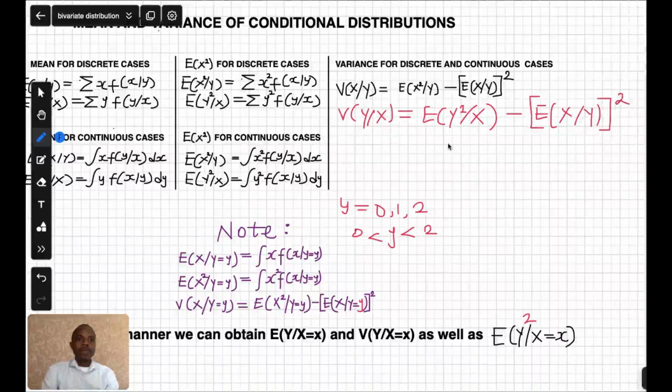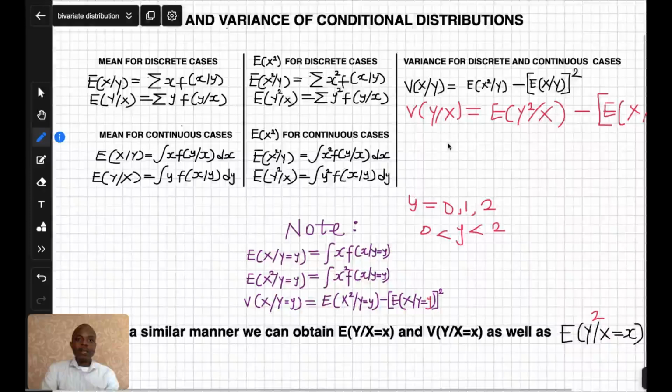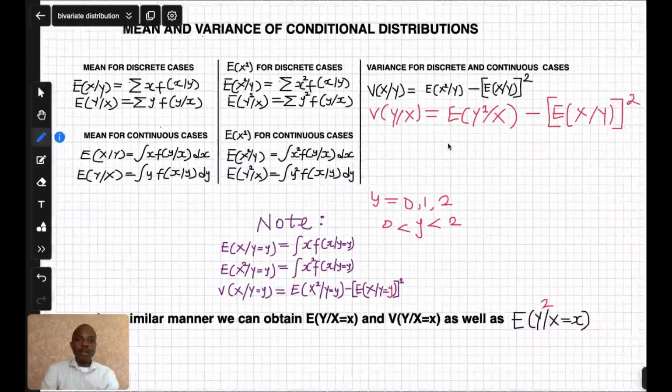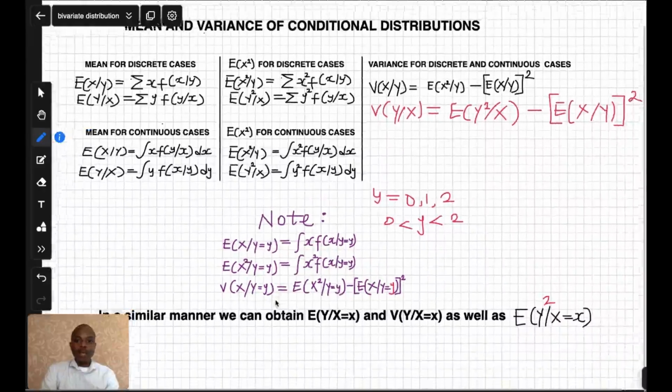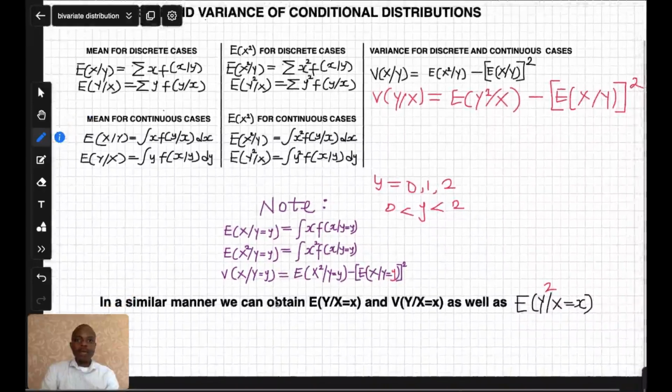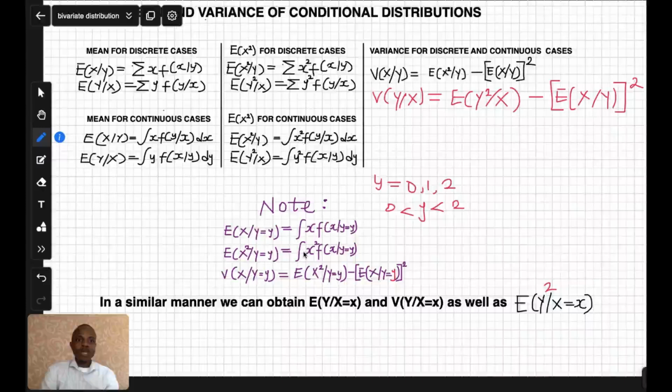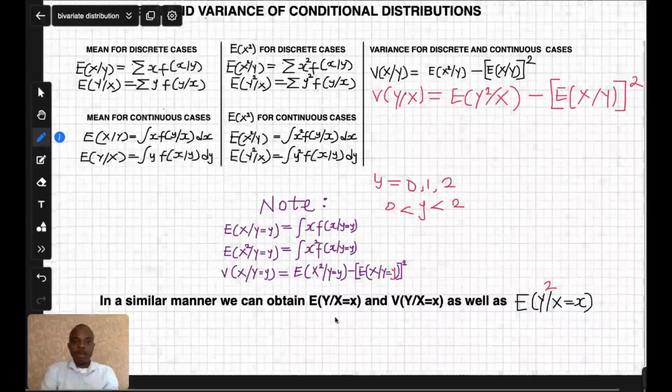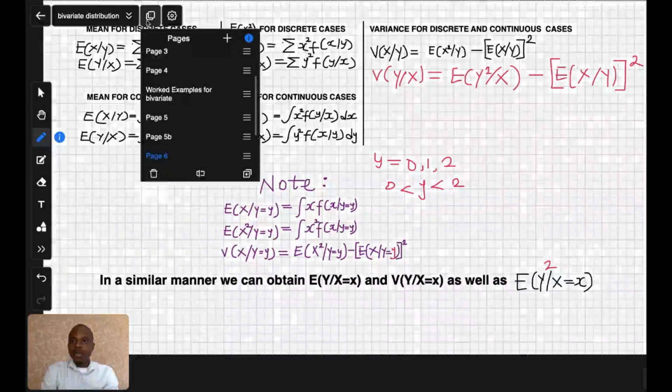Okay, so that's going to be that of y. Now you know what we are looking for, and it's time for us to look at a small example. Let's look at that.